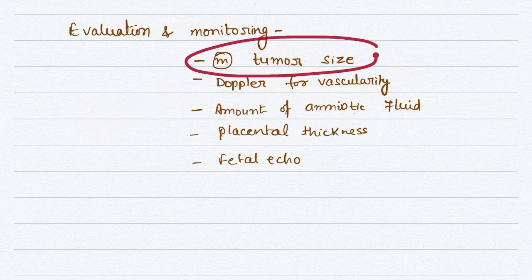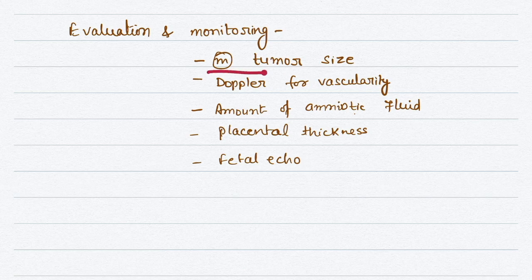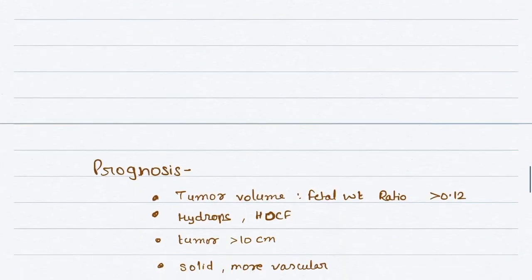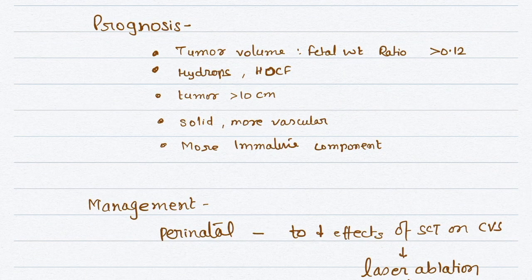Larger tumor masses, especially more than 10 centimeter, have a poorer prognosis. Also look for the rapidity with which the tumor increases in size. Prognostic factors include the tumor volume ratio, the tumor volume to fetal weight ratio, which is known as TFR.